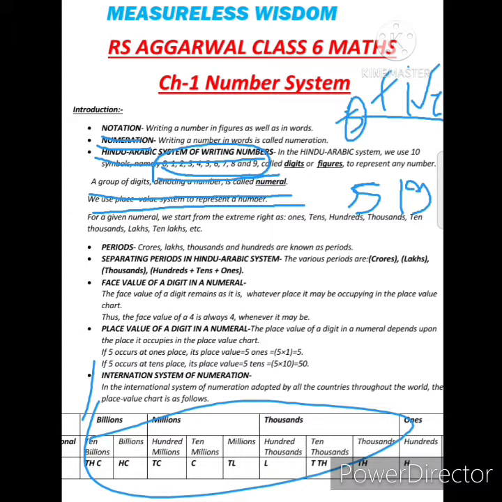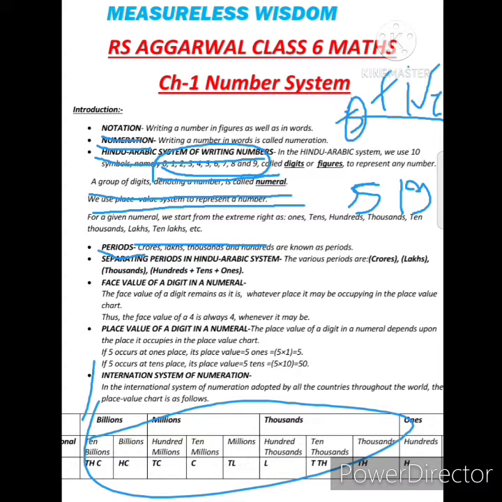So our next topic is periods. You can see here periods. What are periods? As we have studied recently, periods are of many types. The periods are crores, lakhs, thousands, and hundreds. You can see here it is written that crores, lakhs, thousands, and hundreds are known as periods.